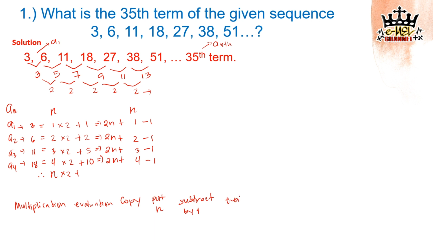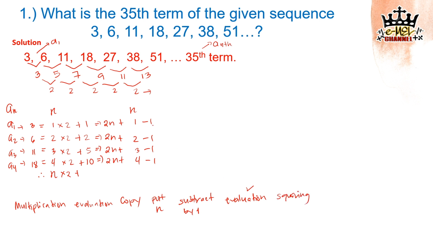And then after that, evaluate. 1 minus 1 is 0, so you add 1 to make it 1. 2 minus 1 is 1, add 1 to make it 2, right? 3 minus 1 is 2, but adding 3 does not give 5. Okay, 4 minus 1 is 3, adding 1 does not give 10, but rather you're going to add 7.